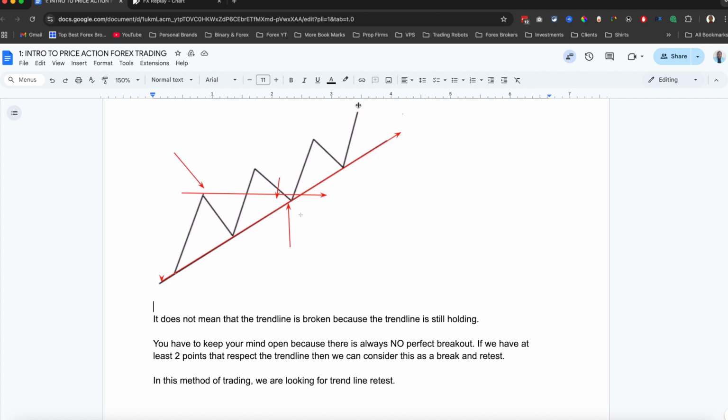And then when the trend line is disrespected, we end our movement and then focus on either a downtrend or any other thing. Okay, so the trend line is respected until it is disrespected. Have that in your mind.